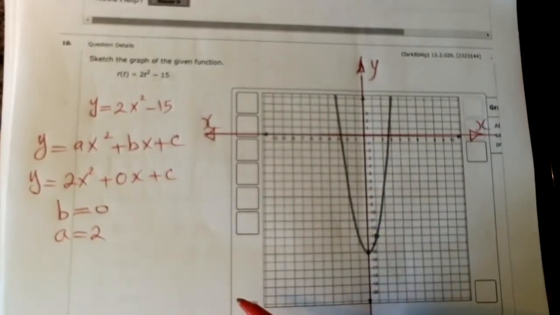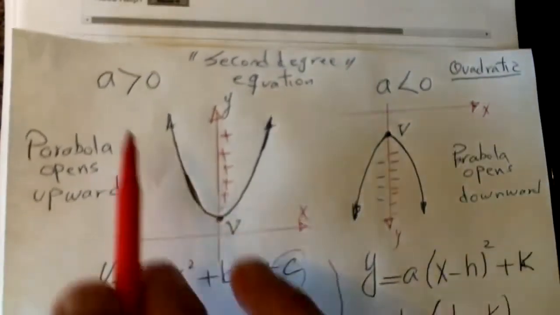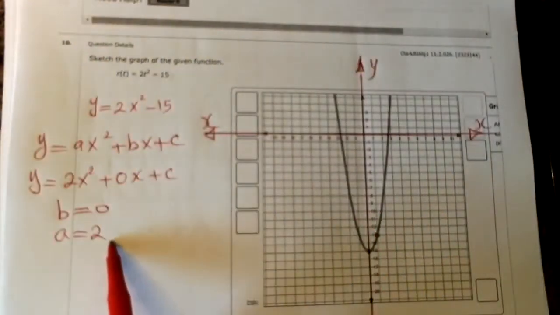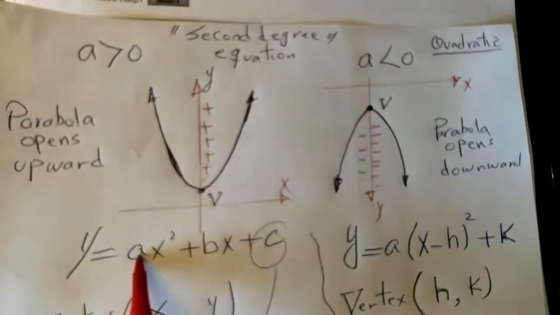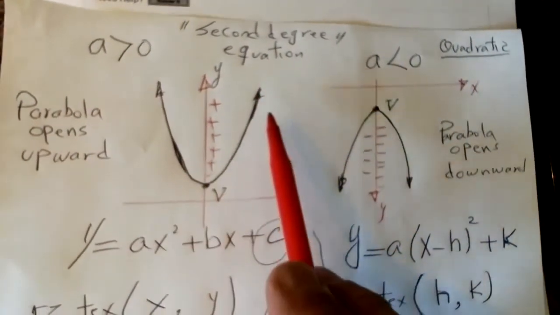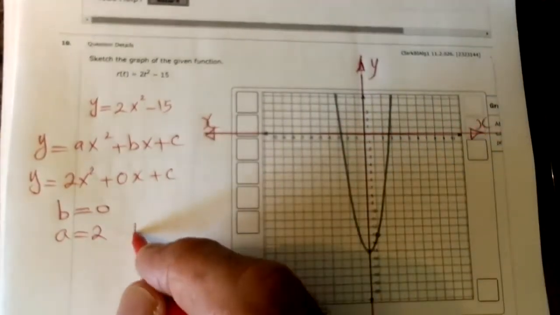And if the value of a is greater than 0, it means the parabola opens upward. So you know from this, see, I did that too fast. If a is positive, it means the parabola opens upward. Okay, so we know the parabola opens upward, like this.